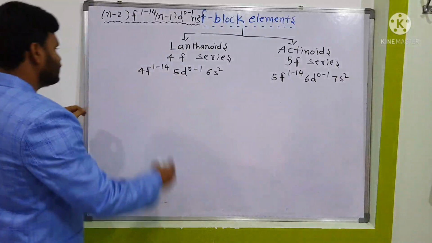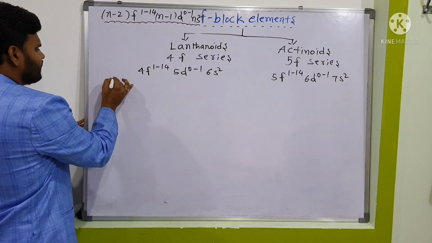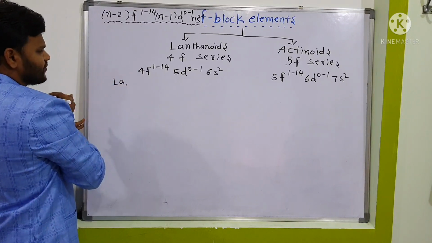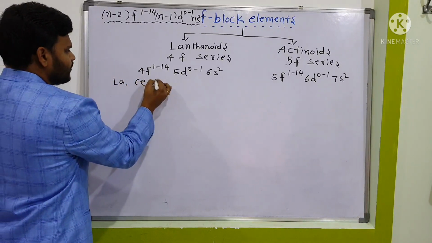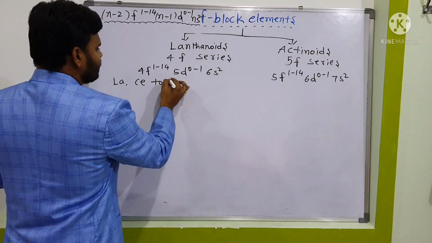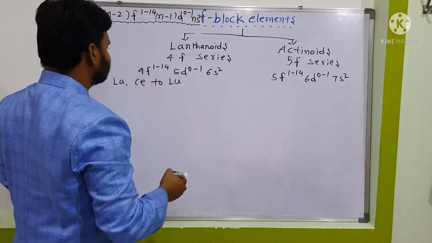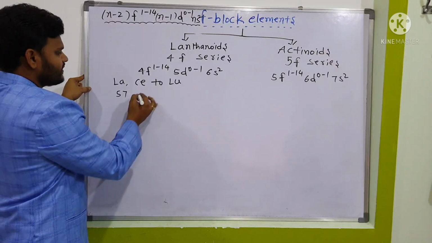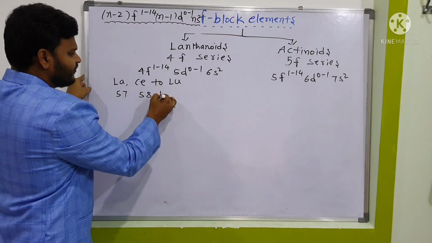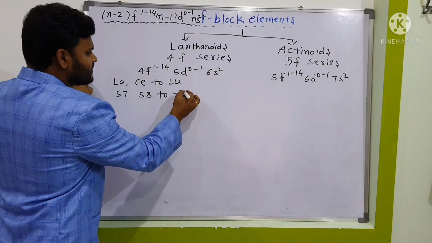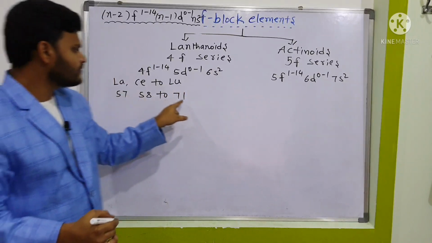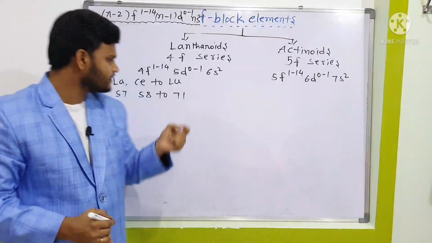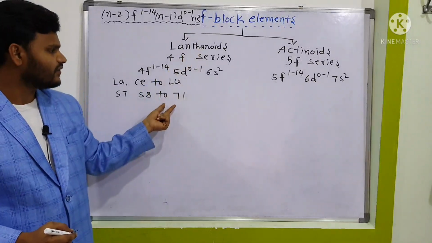So after lanthanum comes cerium, up to lutetium. Lanthanum has atomic number 57, cerium atomic number 58. So 58 to 71 means 14 elements. This is the lanthanoids range.